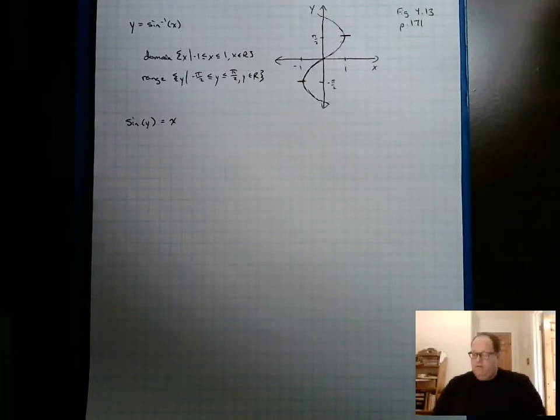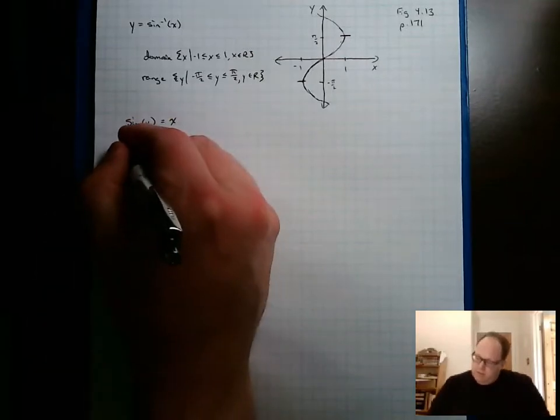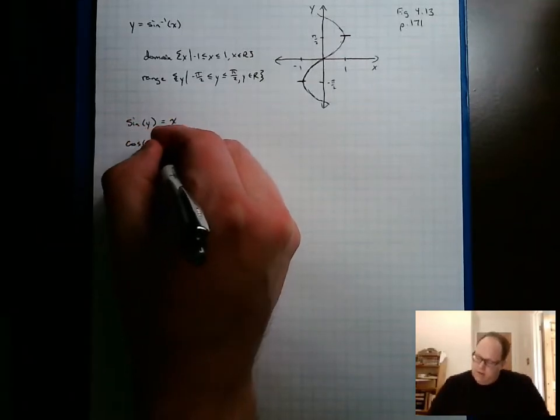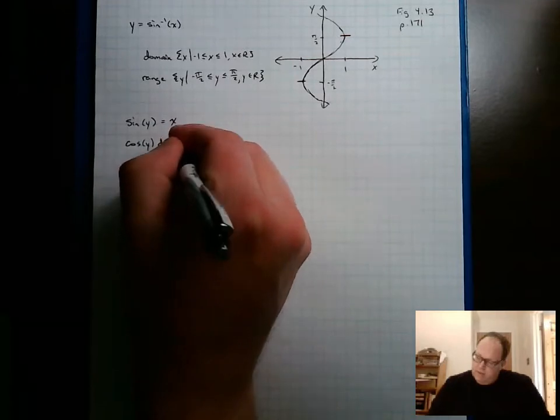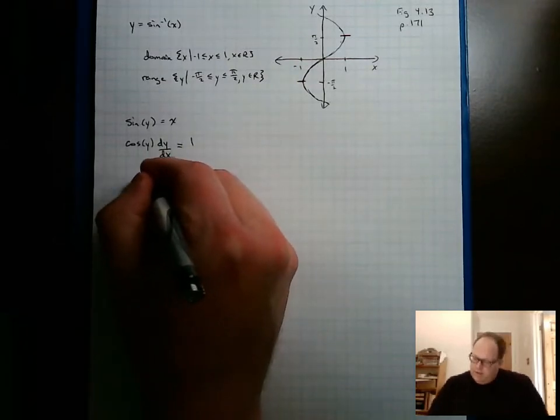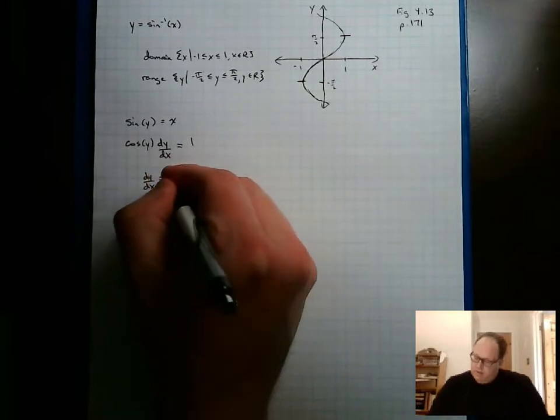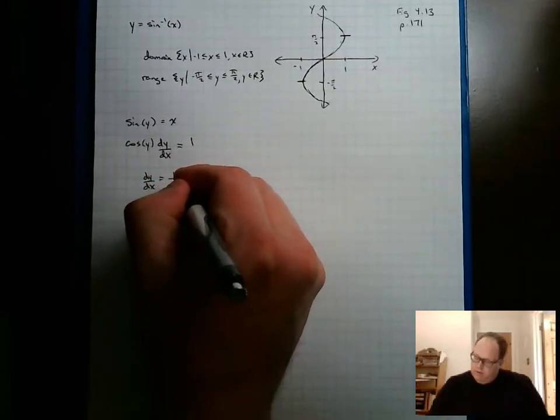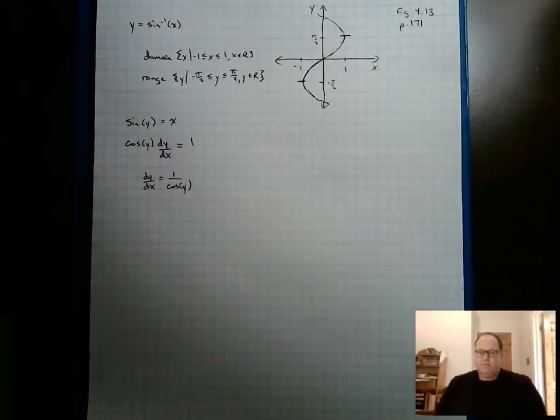So the derivative of sine y with respect to x is going to be cos y dy dx, and the derivative of x with respect to x is simply going to be 1. Rearranging this for dy dx, I get dy dx equals 1 over the cosine of y.